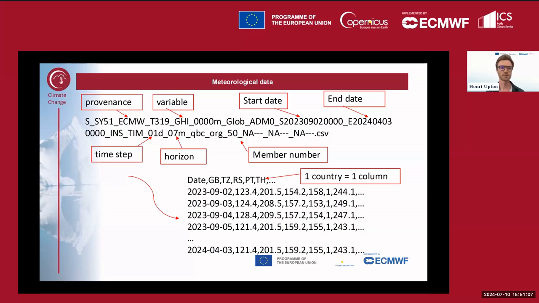So we have the provenance of the data, here ECMWF, and the indicator of the variable, here GHI for solar irradiance. We also have the start date and the end date of the seasonal forecast, the time step, which is 1 day for the solar irradiance, and the horizon, which is 7 months, as I said. And we have the indicator of the scenario, which is 50 there.